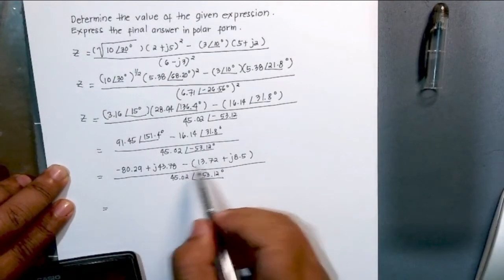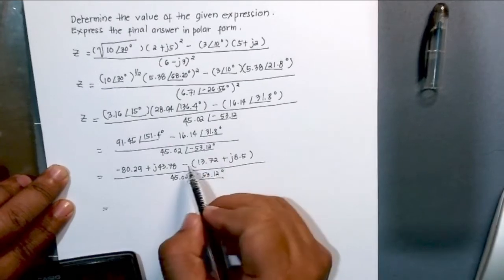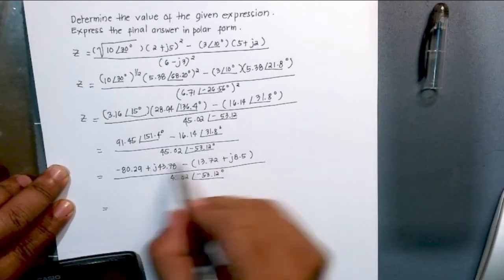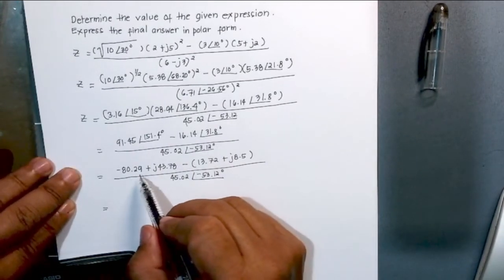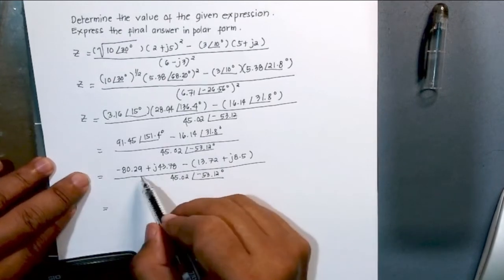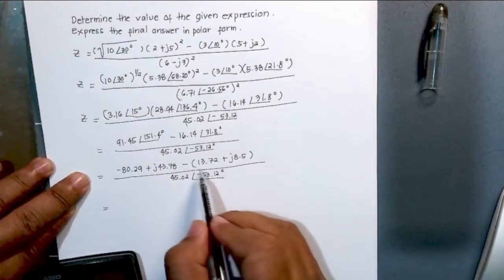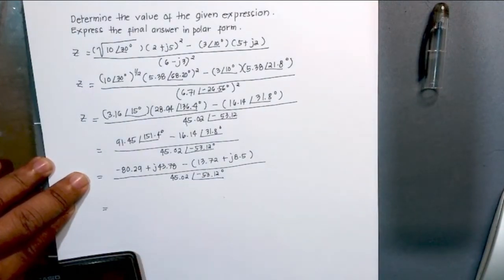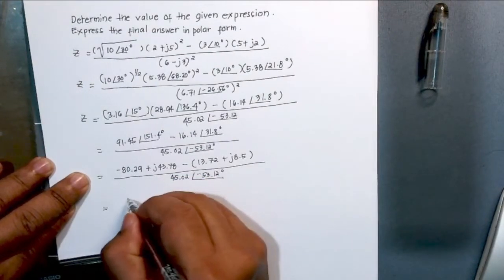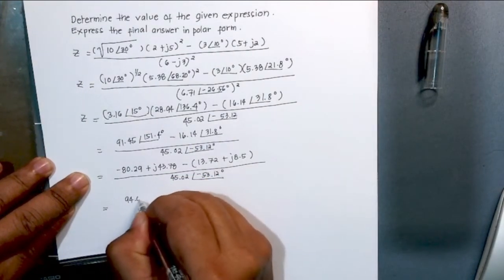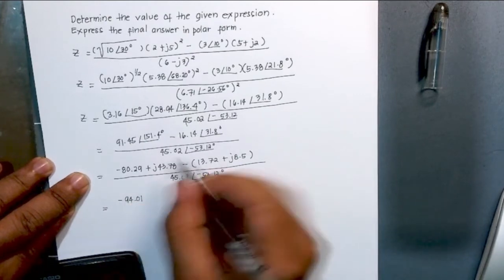You can subtract and add the real terms and the imaginary terms. So for the real terms, you have here negative 80.29 minus 13.72. So 80.29 minus 13.72 equals, so this is negative 94.01.